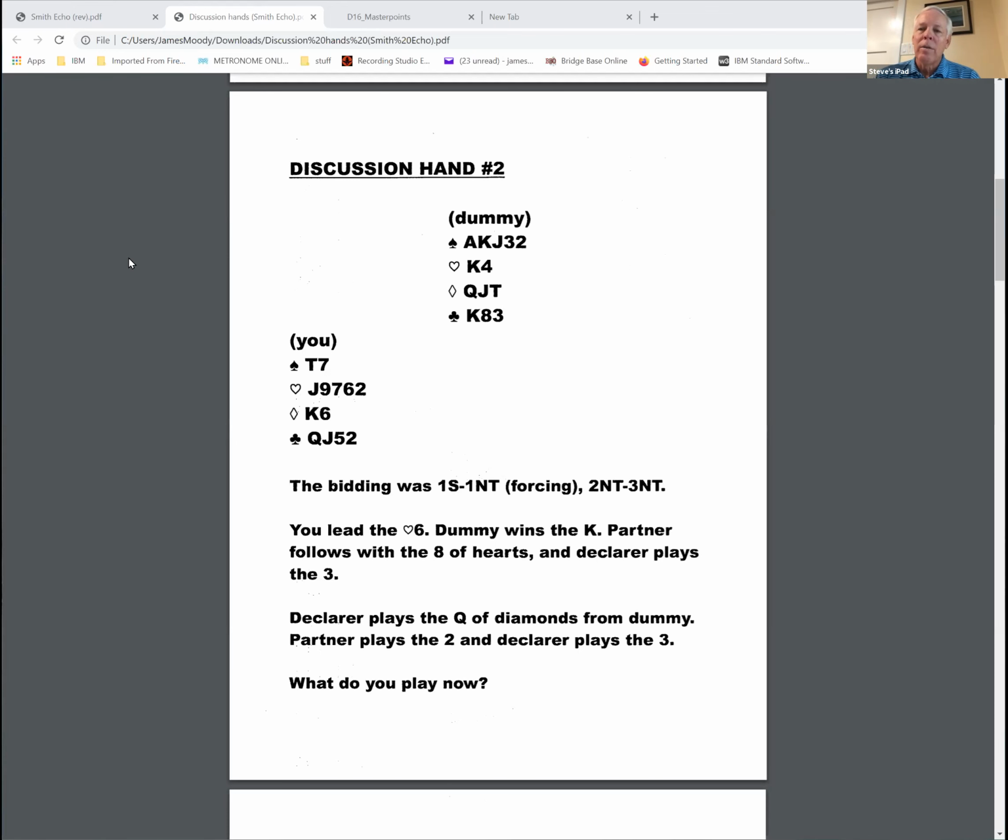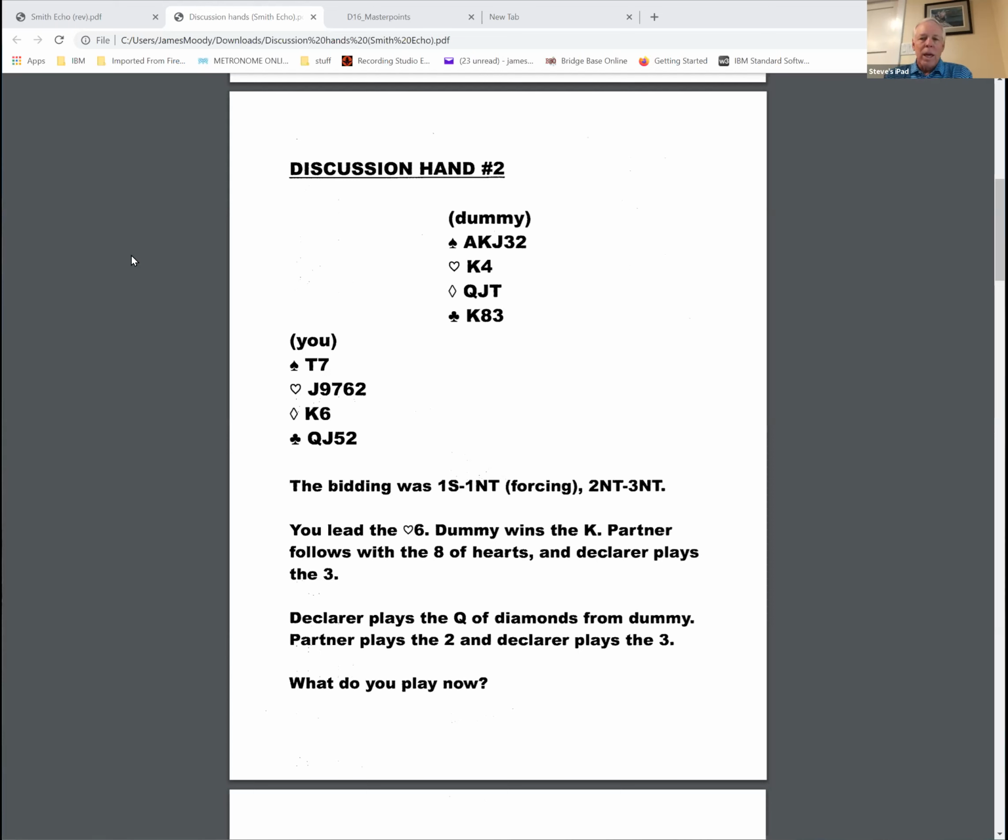You have 17 points, but you also have a very nice 5-card suit. So the hand should not be treated as an opening no trump. You should open a spade, planning to do something that shows more than 17 points, such as in this situation, 2 no trump.